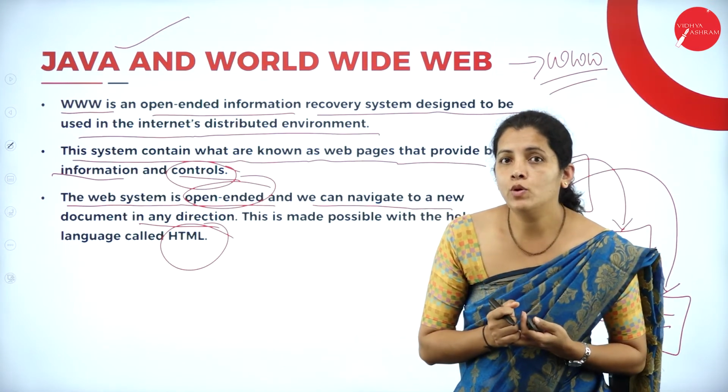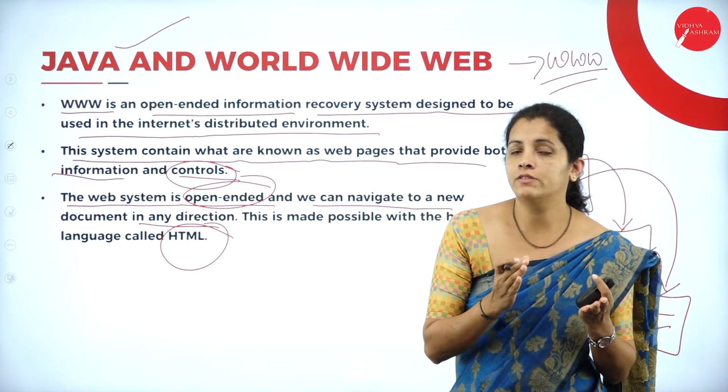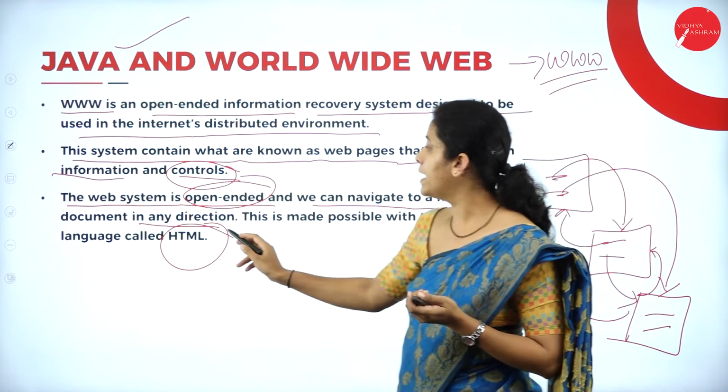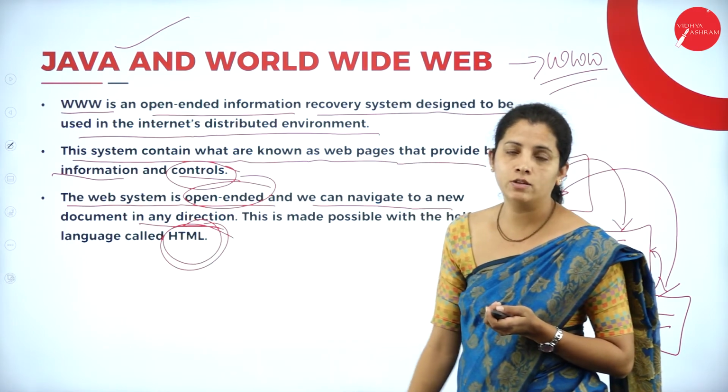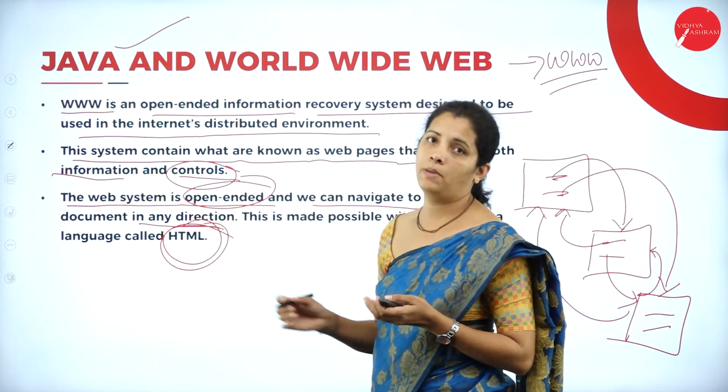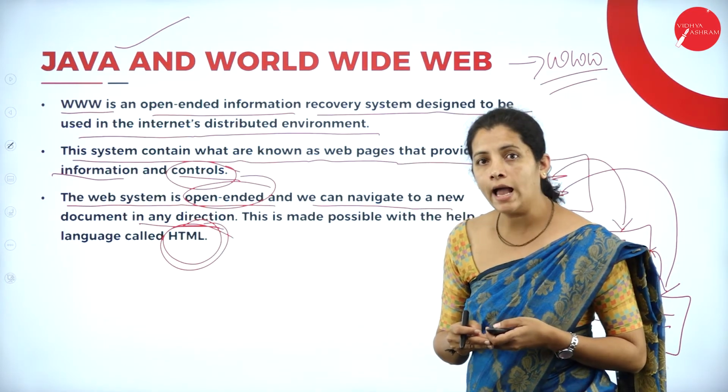How can we provide the navigation from one page to another page? That can be achieved with the help of HTML. So what is HTML? That is nothing but hypertext markup programming language.